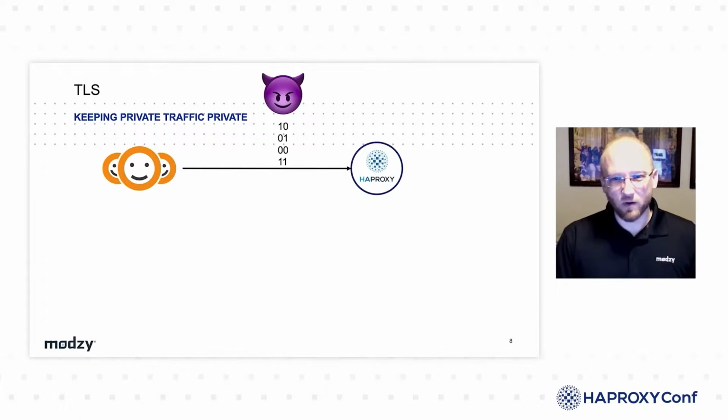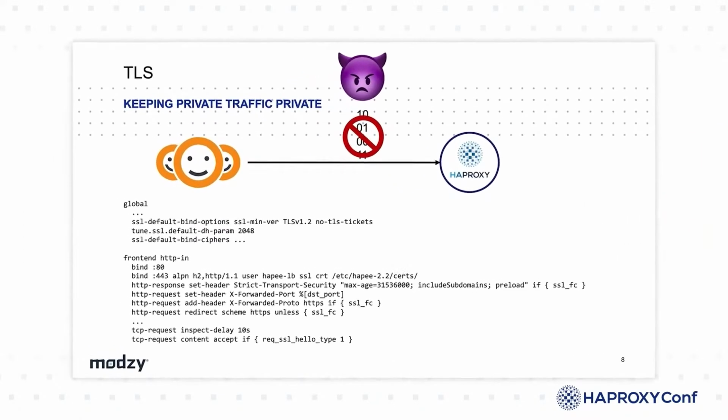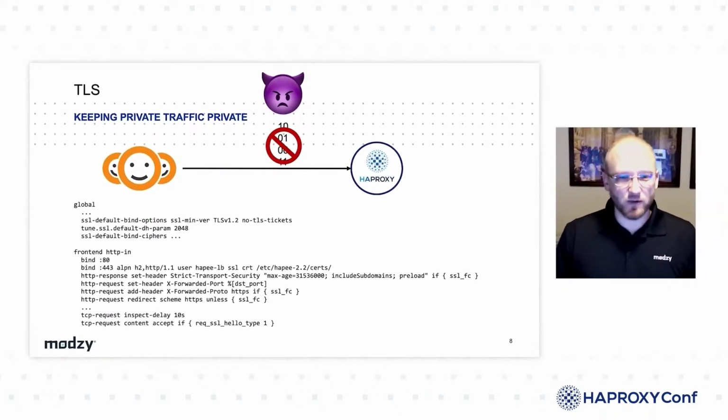So how do you do this? Well, it's pretty straightforward. First, you have to turn it on. Use TLS 1.2 or higher. Set a few additional parameters. And then depending on whether you support HTTP2, gRPC, some of those things, add some headers, turn on strict transport security, and then redirect all HTTP traffic to HTTPS.